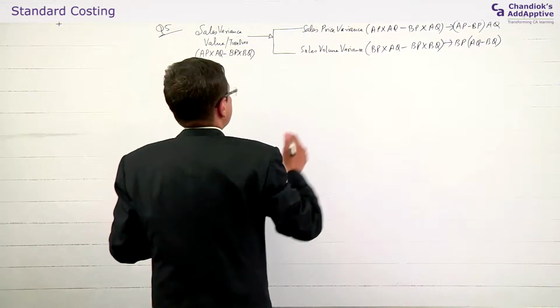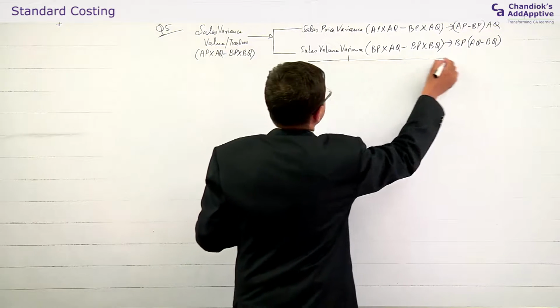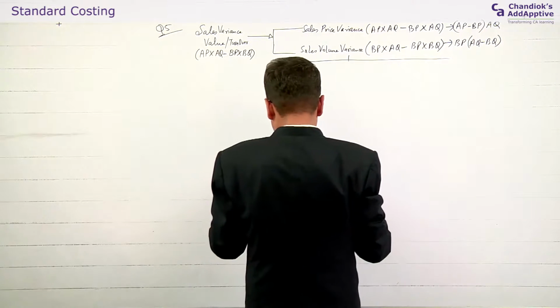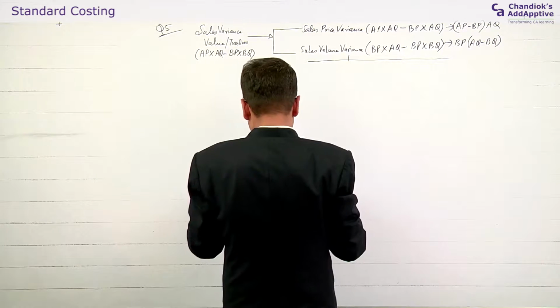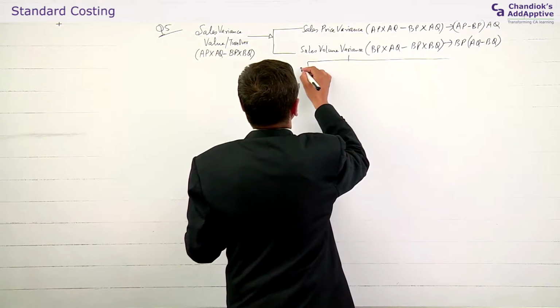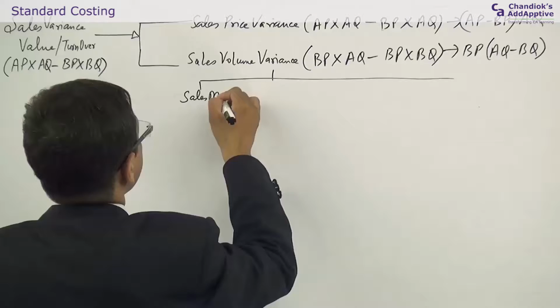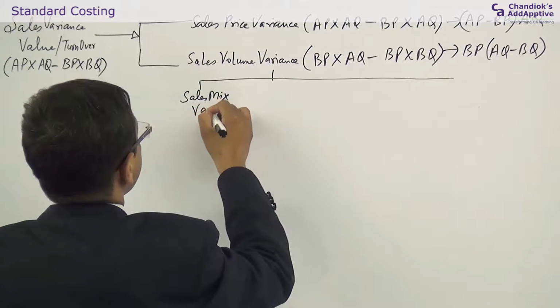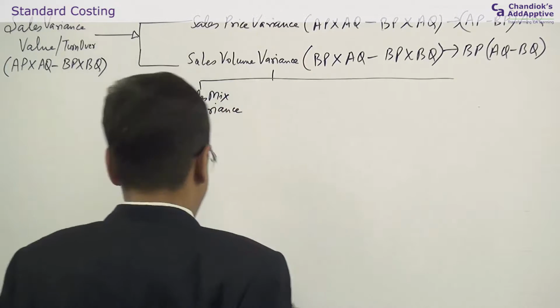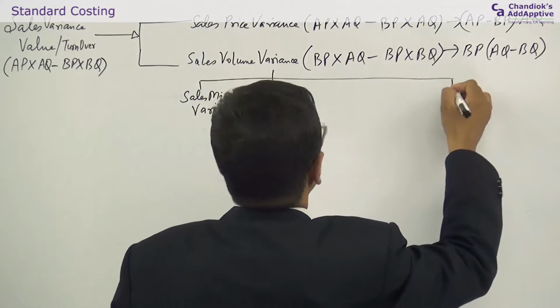The sales volume variance is bifurcated into sales mix variance and sales quantity variance.